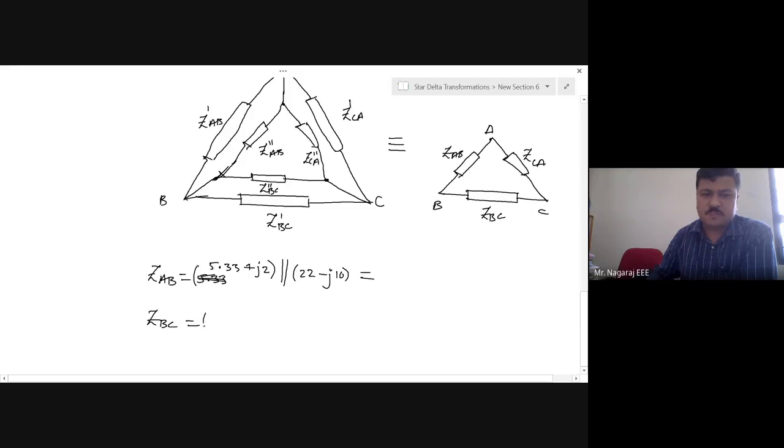ZBC is 3 minus J8 in parallel with 12 plus J26.4. ZCA is minus 3.75 plus J10 in parallel with 10 plus J22.